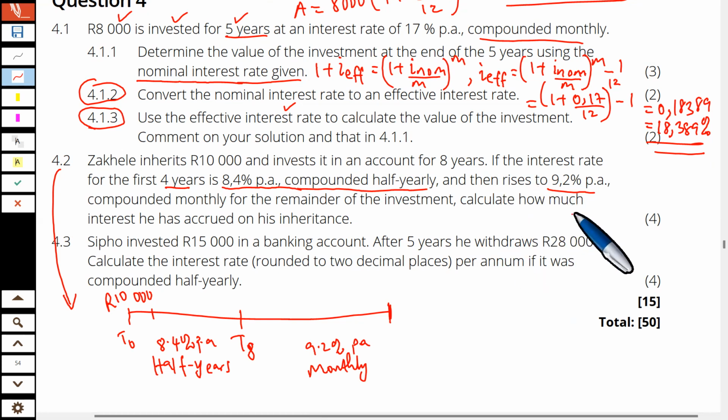Right, and then rises to 9.2% compounded monthly. So for the next 4 years, how many months are going to be there? You have 4 by 12, which is 48 months. So obviously now you have 48 here.